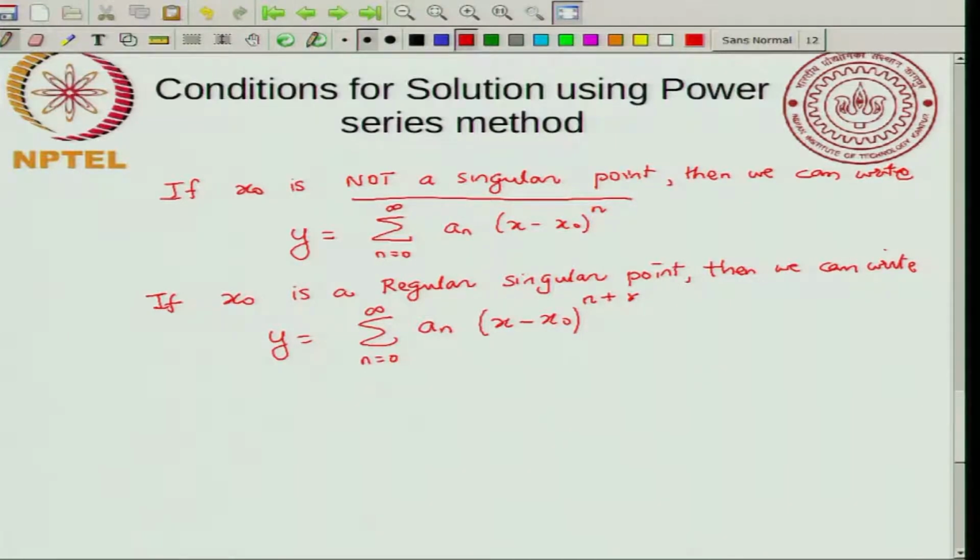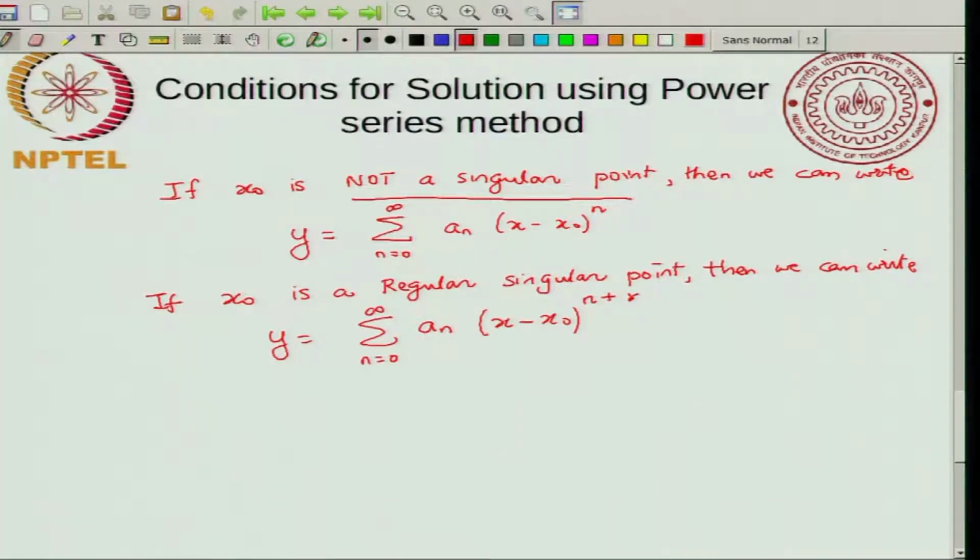Here r is some real number, and you can do the power series method; we will illustrate this in the next lecture.